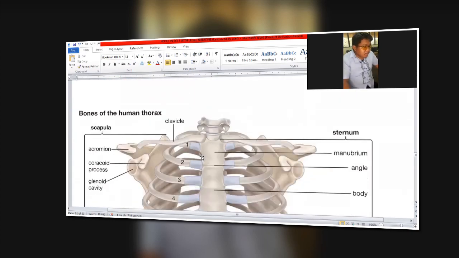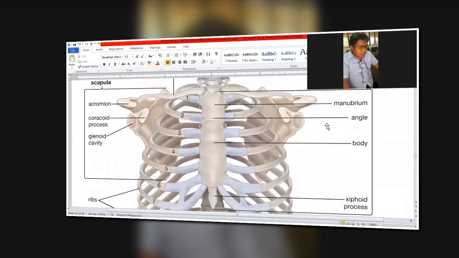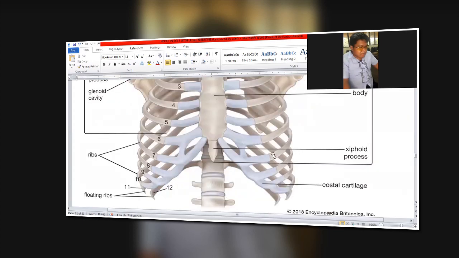Then bones of the human thorax. Sternum. The clavicle and scapula are the bones of the shoulder. That is the angle, the body, the xiphoid process, costal cartilage.